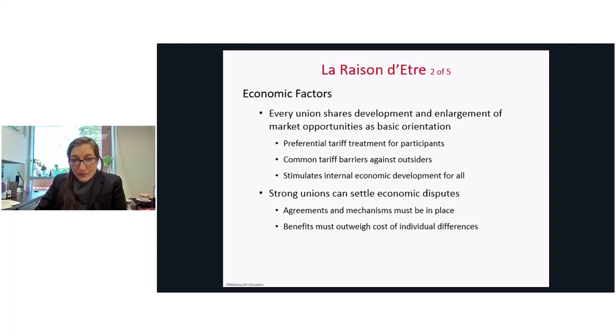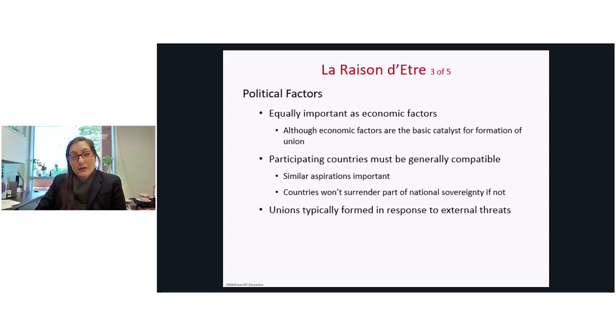Preferential tariff treatment for the member nations, common tariff barriers put against those that are outside of the union, and these unions stimulate internal economic development for all. Now, strong unions can actually settle economic disputes as well, but agreements and mechanisms must be in place for that to happen. And again, the benefits have to outweigh the costs for individual member nations.